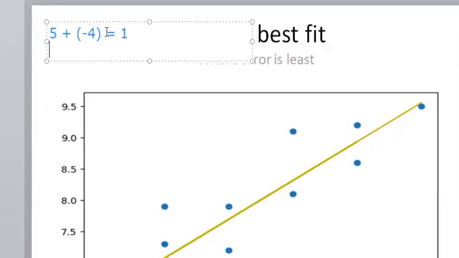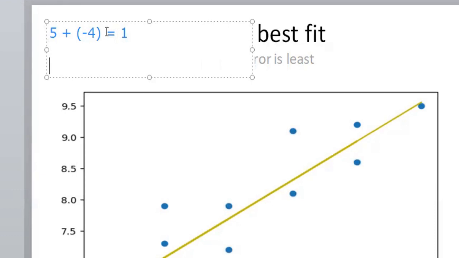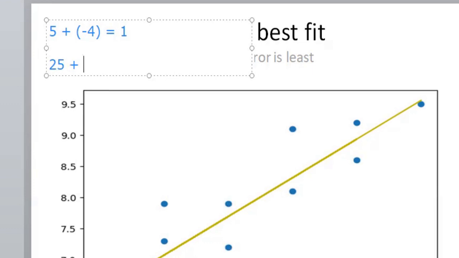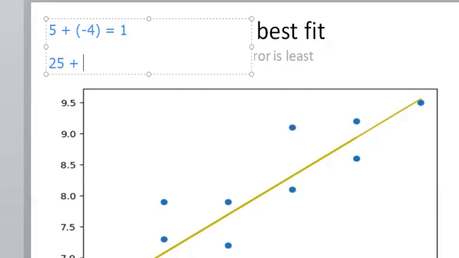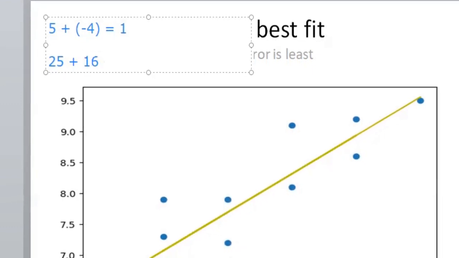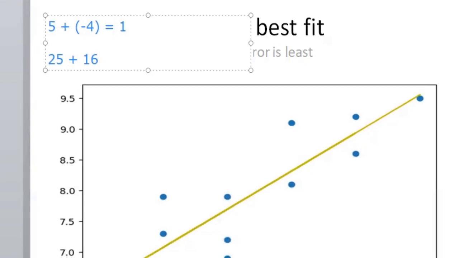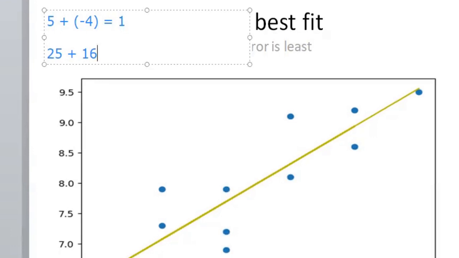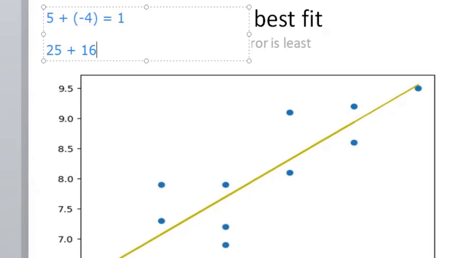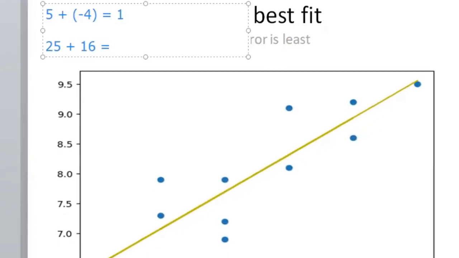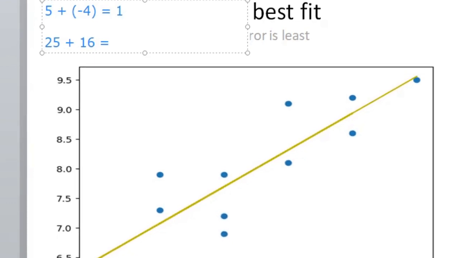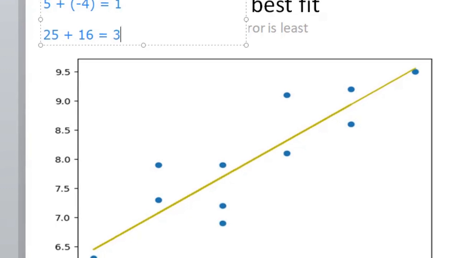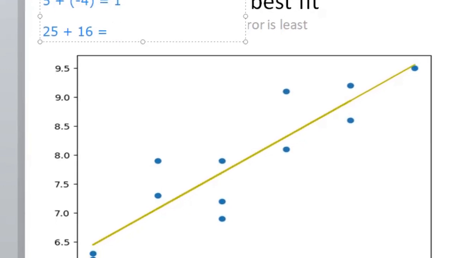But originally, what will happen? 5 squared is 25, plus -4 squared, which gives me 16. It will not give me -16 because negative multiplied by negative gives positive. So that's why we take the square of each distance, and 25 plus 16 will give me 41, sorry.